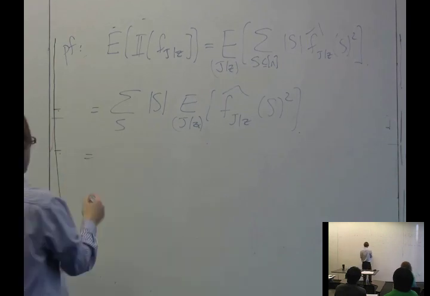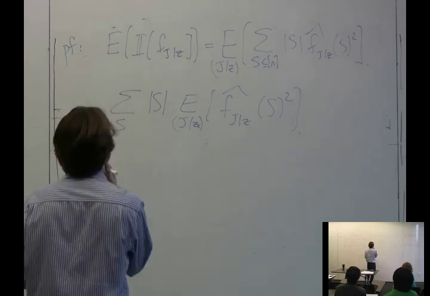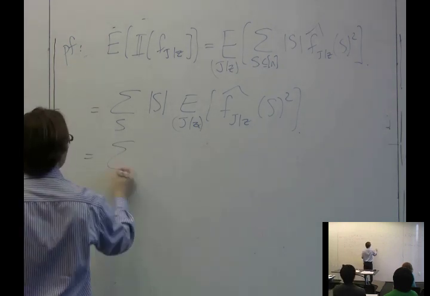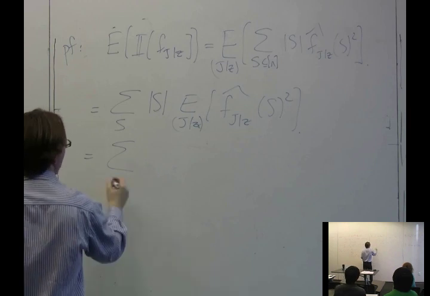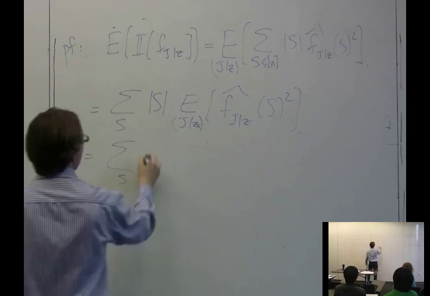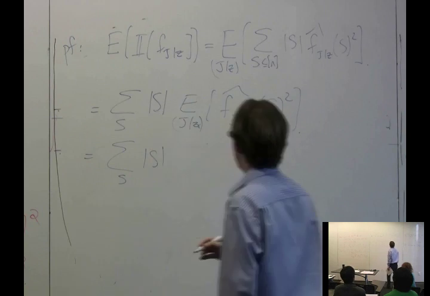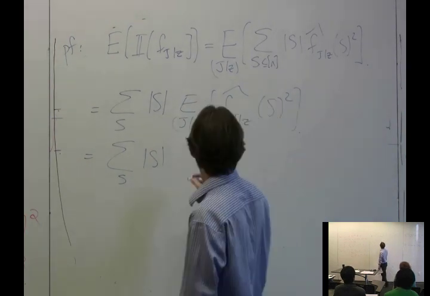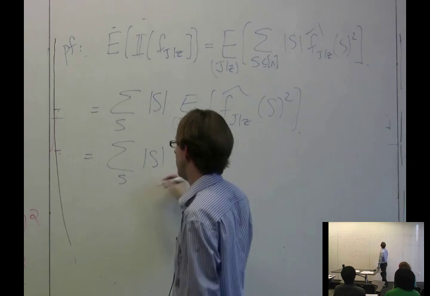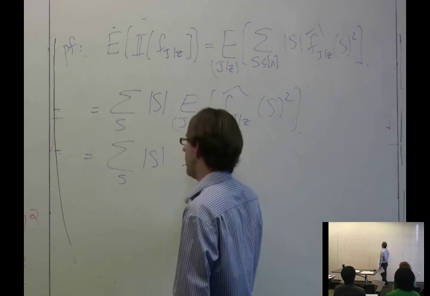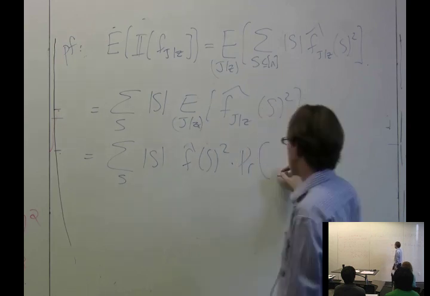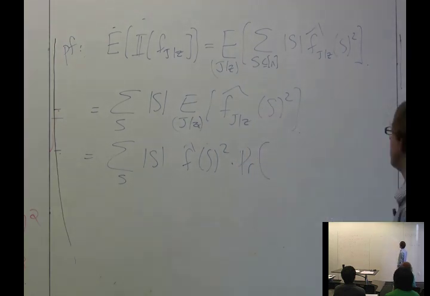In fact, we'll use the first line. So this is the sum over S of the cardinality of S of this thing, F hat S squared, times the probability that... wait a minute.